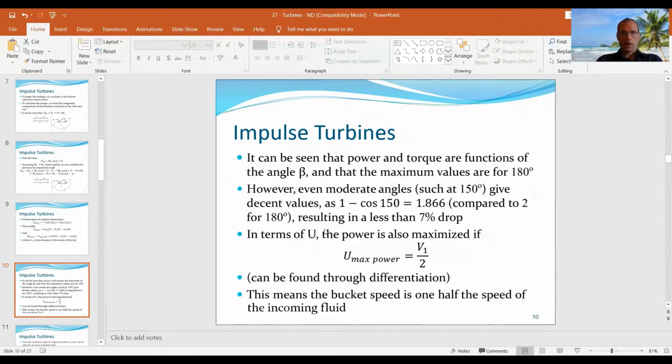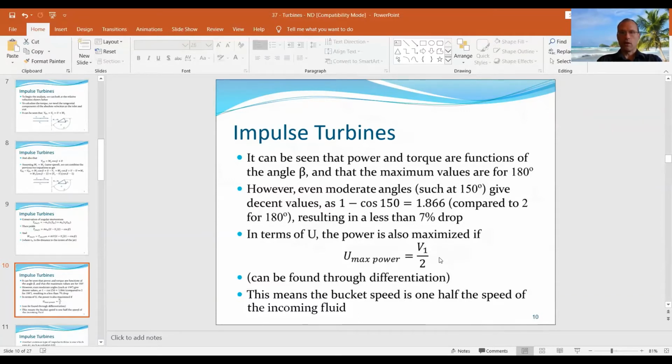In terms of the bucket or blade speed and rotational rate of my turbine, the maximum power actually occurs if my wheel, the buckets on there, their linear velocity is spinning at exactly half the rate of the velocity coming in. You can find that through differentiation.